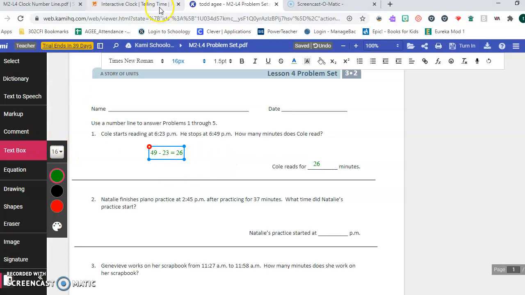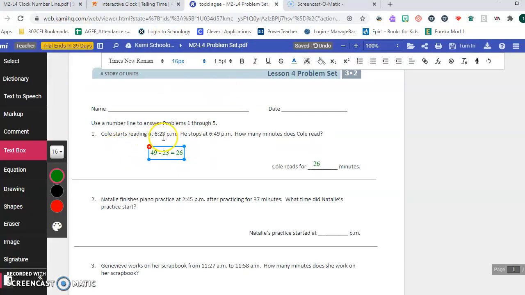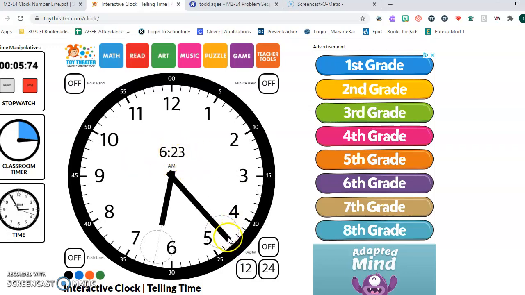26 minutes. And another way I can figure it out is to put my marker here. The hour really doesn't matter because I'm within the hour, but just to be consistent, 6:23 to 6:49, I'm going to start at 6:23 right here. See, the digital clock helps me know what I'm doing, and I'm going to move it to the 49 mark.